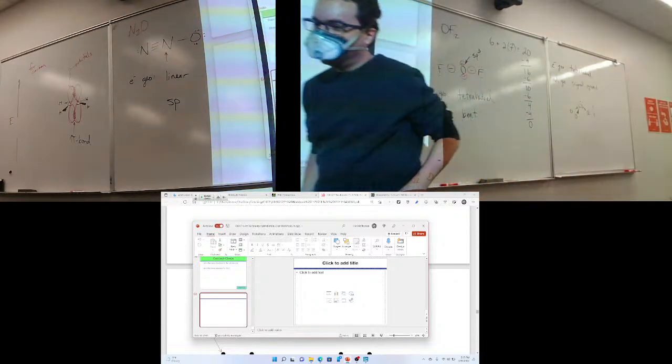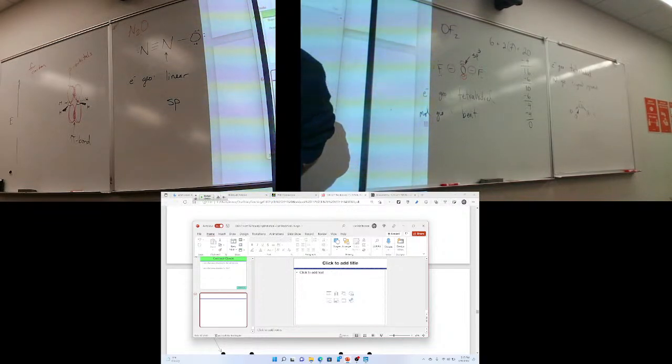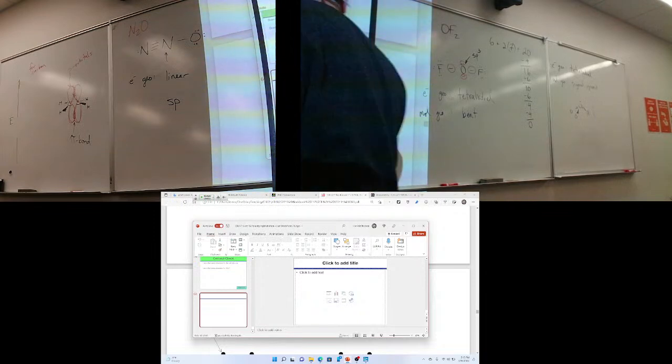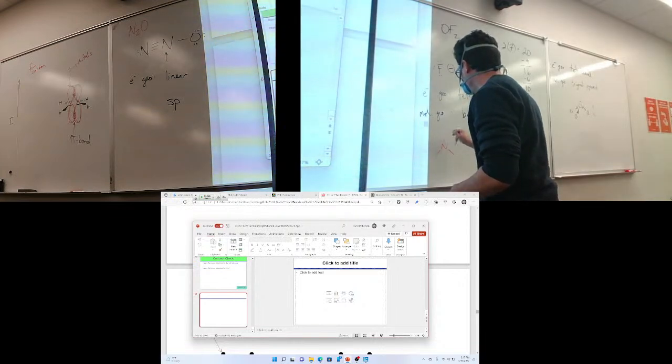I may have done this wrong, but is this not linear because it has that third group? So it's trigonal planar. Yep. And then the molecular shape: you start with trigonal planar, but then one of those positions is just a lone pair.